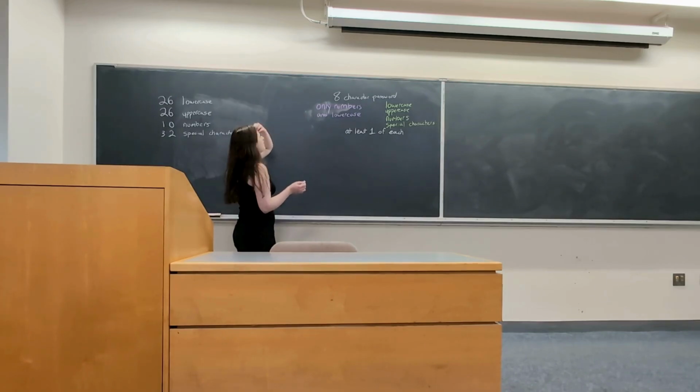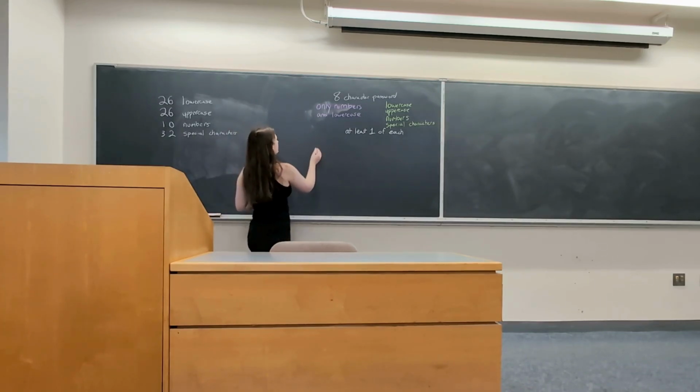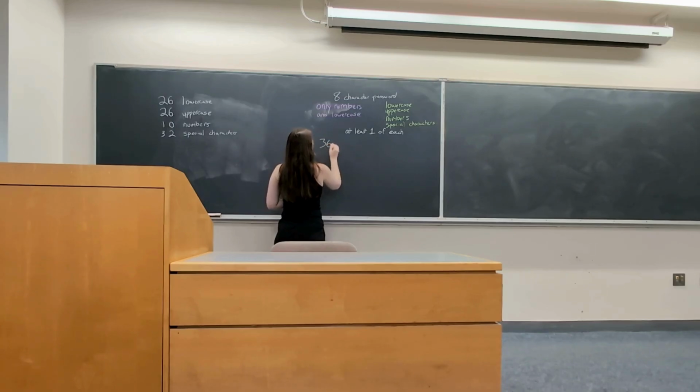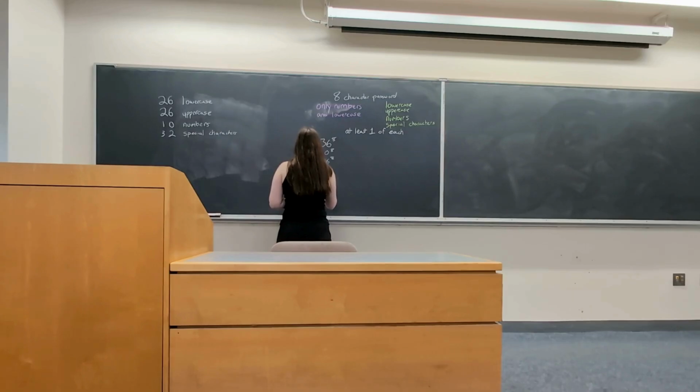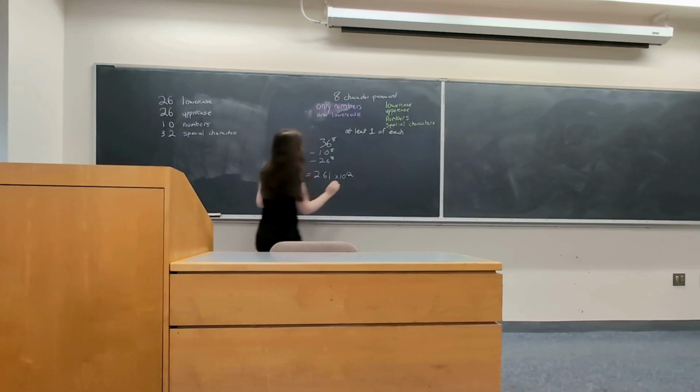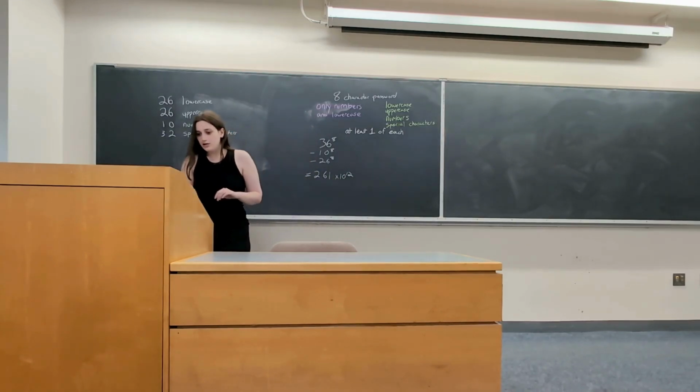So given the 8-character password with only numbers and lowercase, we can see that there is initially 36 to the 8th options, and then if there is at least one number, then we can subtract 10 to the 8th, and then at least one lowercase, we can do 6 to the 8th, which gives us a total of 2.61 times 10 to the 12th options that you have to test for.